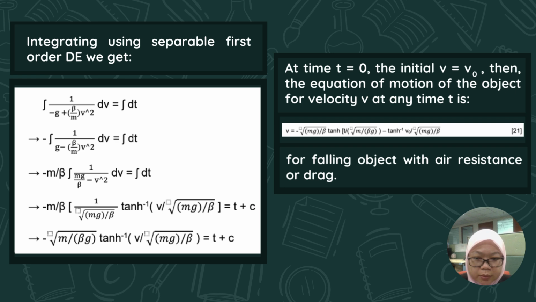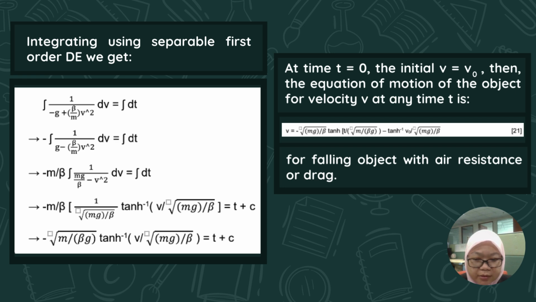Then we solve it to negative integration of 1 over g minus beta over m multiplied by v to the power of 2 dv equal to the integration of dt. We get negative m over beta integration of 1 over mg over beta minus v to the power of 2 dv, equal to the integration of dt.